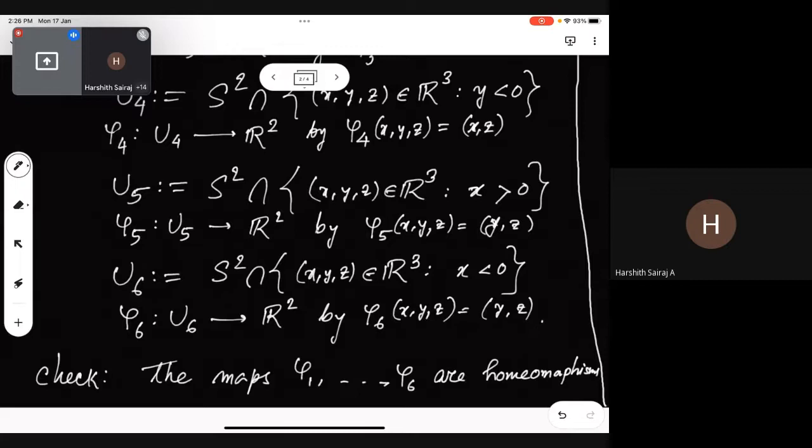And the inverse is clearly continuous, because you can write x, well, you better write it properly.